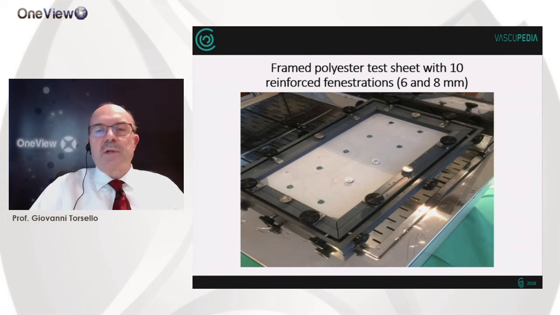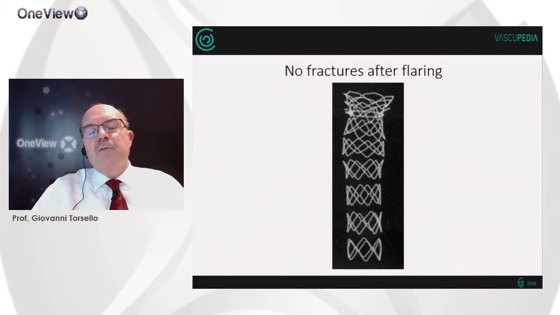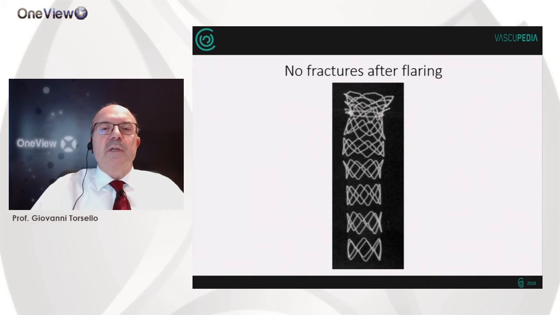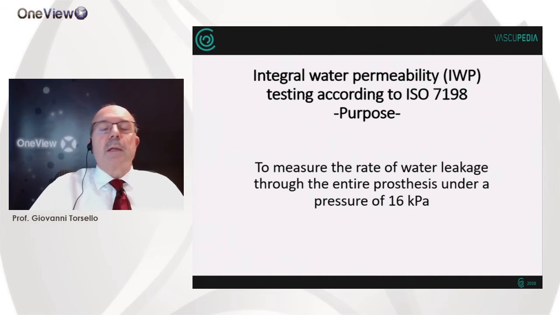The fenestrations were 6 and 8 millimeter in diameter. And first of all, we want to know what happens with the PTFE, what happens with the metallic structure of the stent after flaring. And after flaring, the digital radiography you can see on the screen showed no fracture, no modification of the structure of the stent.